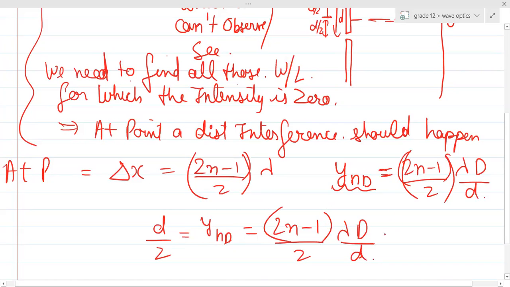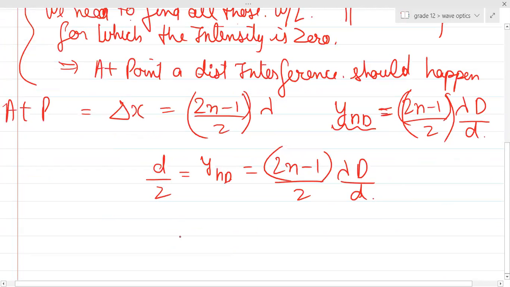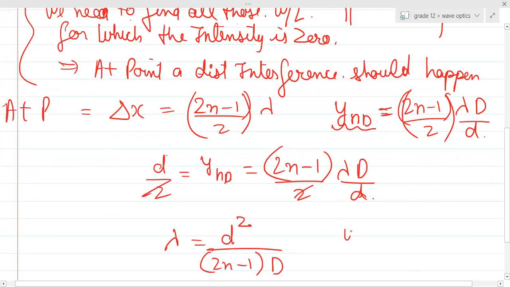So again, guys, you can solve it from here, right? What do you want? You want the wavelength. So lambda is equal to d square, this 2 and this 2 will get cancelled out, divided by (2n minus 1) into capital D. Will this be your wavelength? Here n is basically 1, 2, 3, 4, and so on.